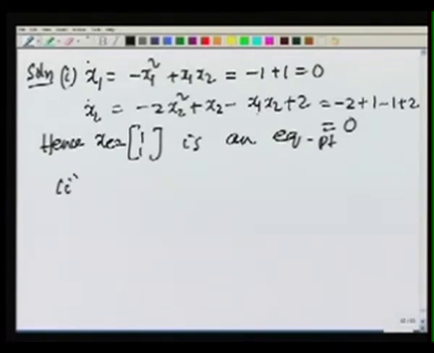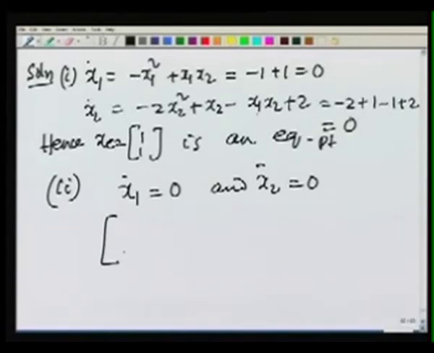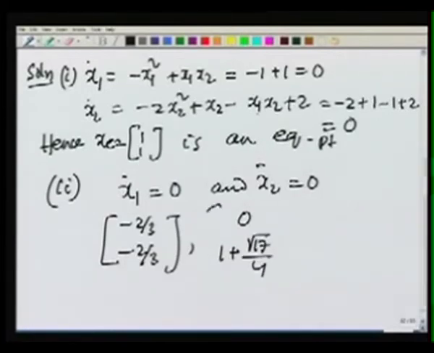So, that is the answer to the first part. The second part is whether there are other equilibrium points. The simple way is to put x 1 dot equal to 0 and x 2 dot equal to 0 and solve it. You will find we have more equilibrium points: minus 2 by 3, minus 2 by 3, this is one more; 0, 1 plus root 17 by 4; and 0, 1 minus root 17 by 4.